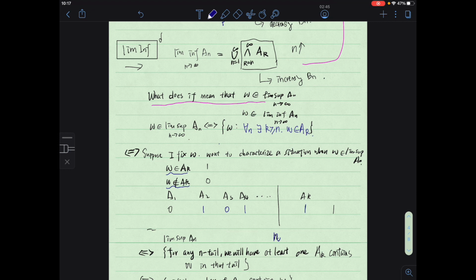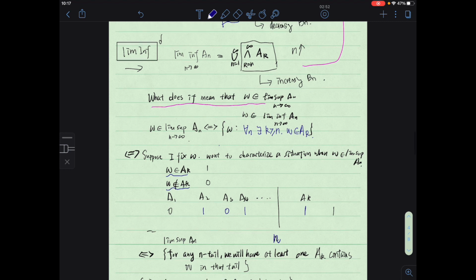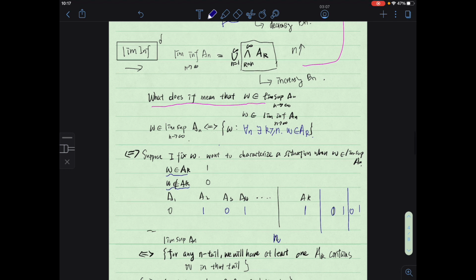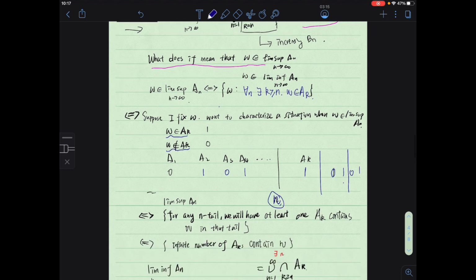So this AK has to be 1, which indicates that omega is in that AK. And then for the rest, you will always find some 0. But no matter what n you choose, you will always find at least one AK that is 1, right? So as you increase your n, there's always a set that has value of 1.